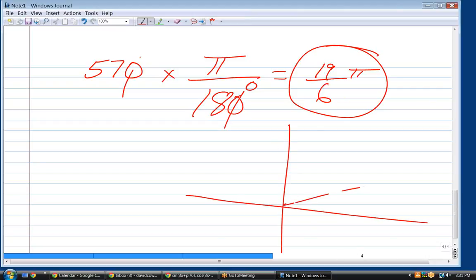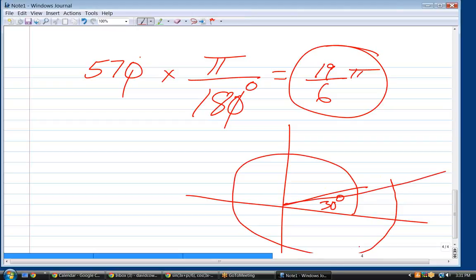If I look at 30 degrees, that's the same as 390 degrees, which is the same as 750 degrees. I'm not sure that's technically correct to say, but they have all the same trig functions. All coterminal angles have the same trig functions.